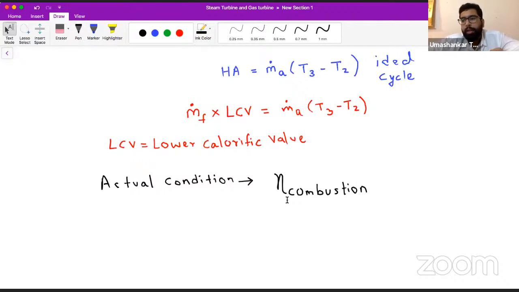So if combustion efficiency is 90%, it means that 90% of the energy has played a part in increasing the temperature of our working fluid. If it is 90%, then 10% is lost.